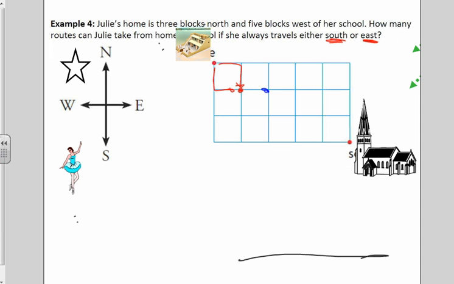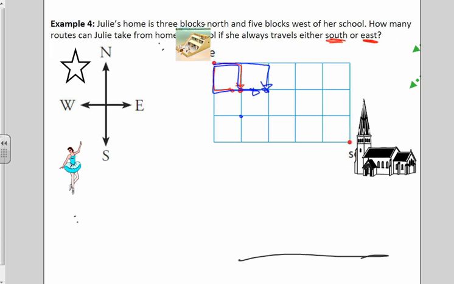Sorry, Dean? I hear 2, I hear 3. So she can go this way, and she can go this way, or she can go this way, right? So she has 3 possible routes that she can take. 1, 2, 3. Okay?